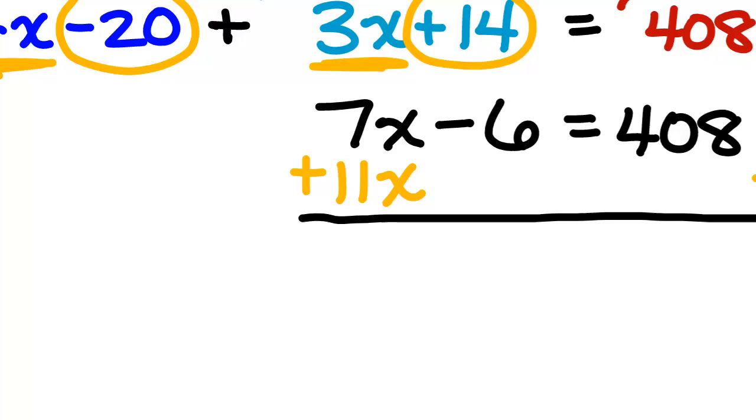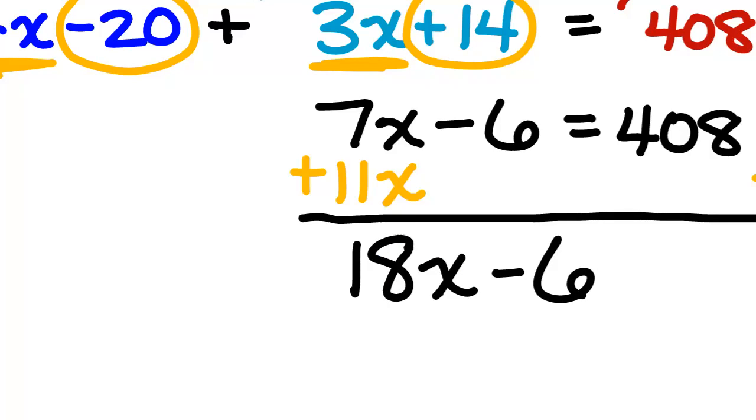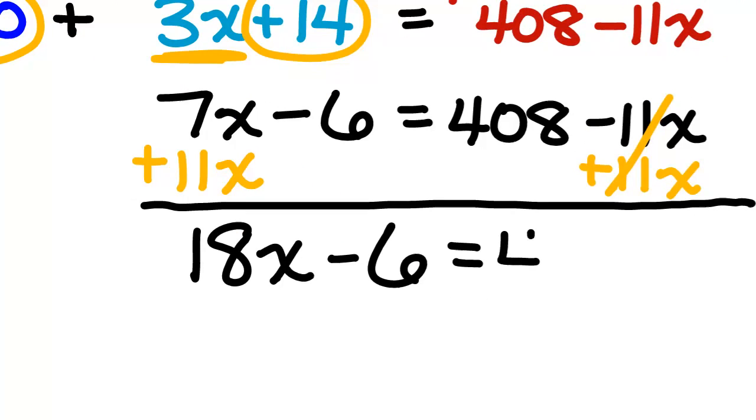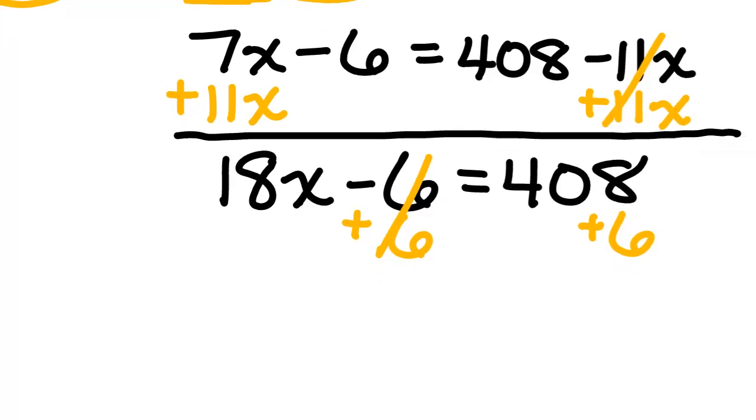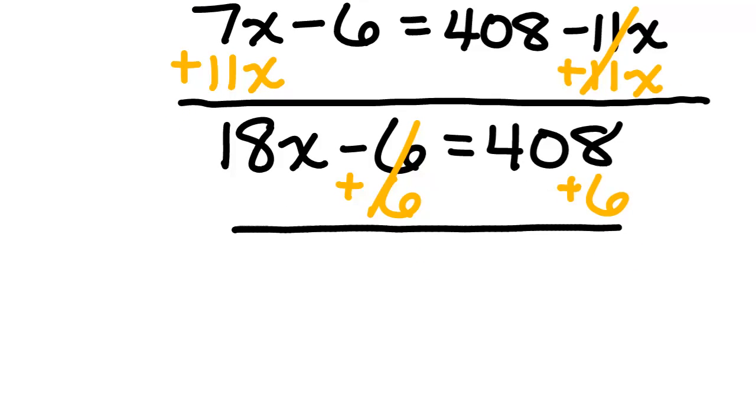So I add the 7x and the 11x together. I get 18x minus 6 equals 408. Now what? Add 6 to both sides. What are we using to be able to do that? Addition property of equality again.